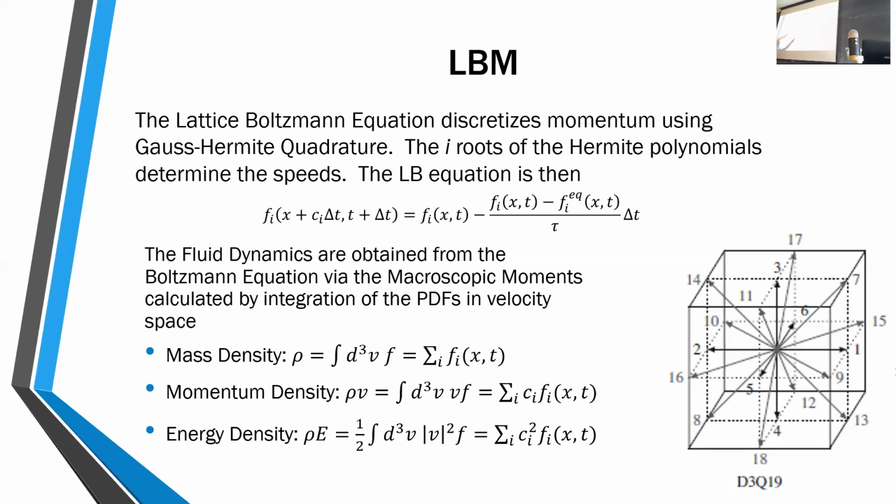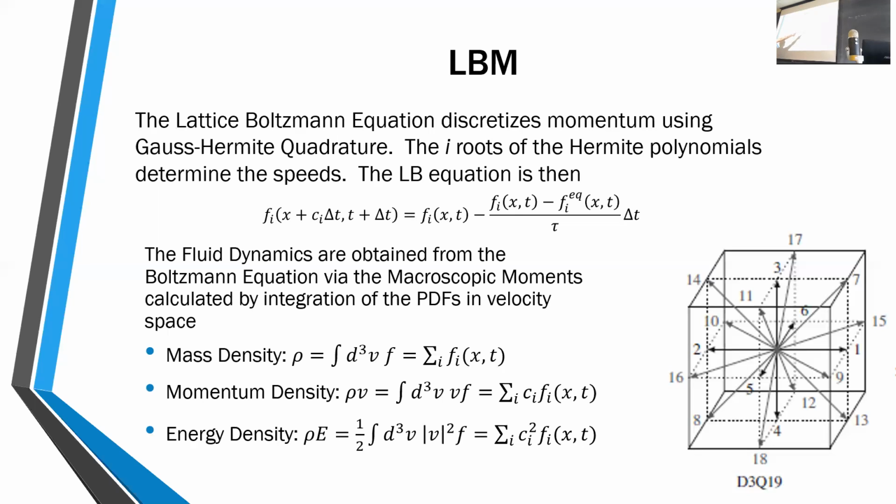So this equation right here represents a single Lattice Boltzmann for a particular speed. This right here is the probability density function for this node, for one of the speeds, only one of them. In this case, there's 19 of them. And so here's the probability density function for speed 0 or whatever, speed 1.